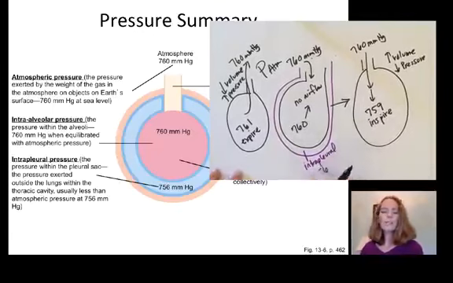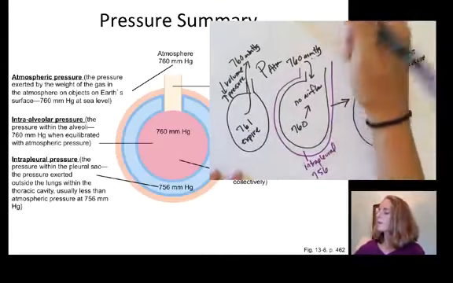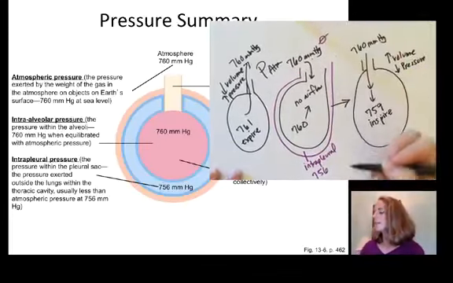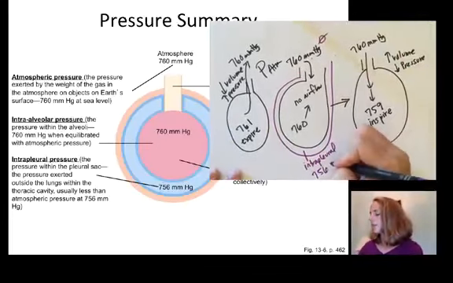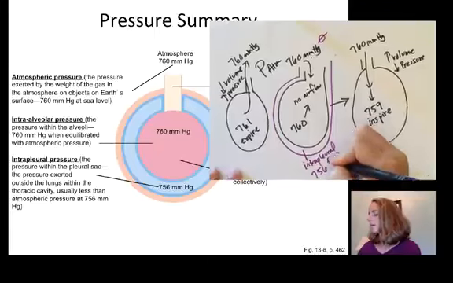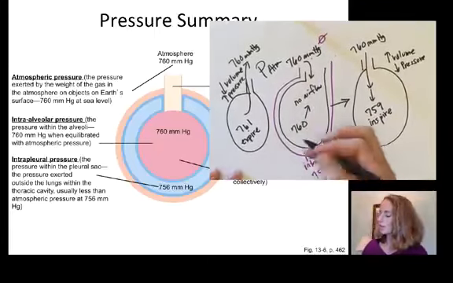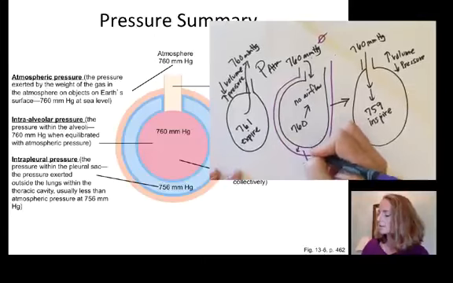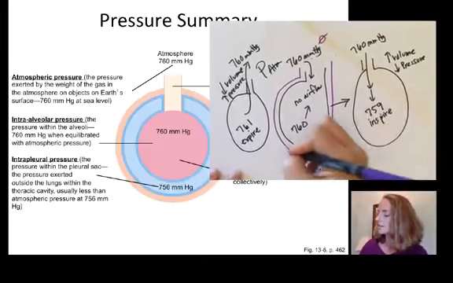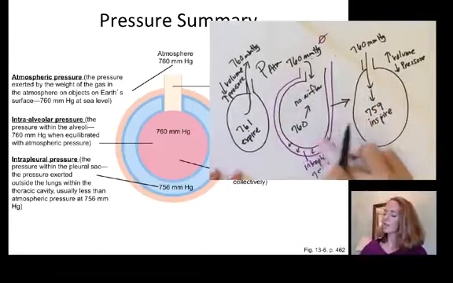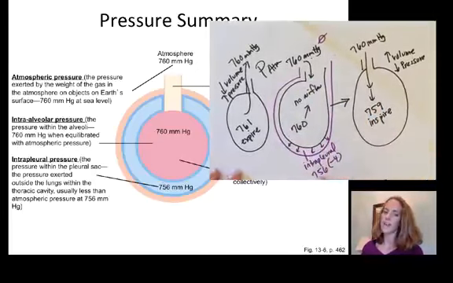Your book sometimes refers to this as a -4 pressure, and where that comes from is if you set the outside to 0, then the intrapleural pressure will be 4 less than the outside, and that negative pressure creates a suction, making sure that the lungs are stuck to the chest cavity.